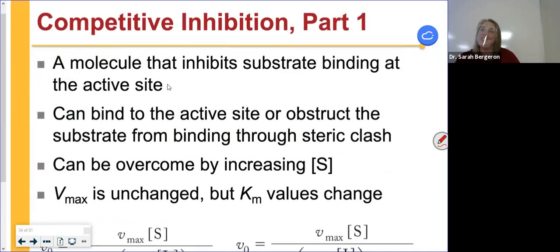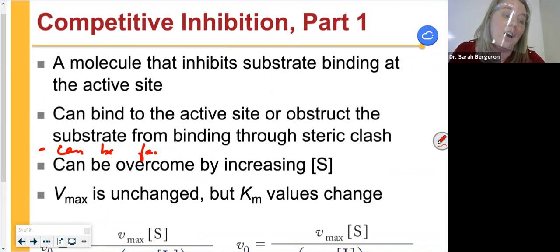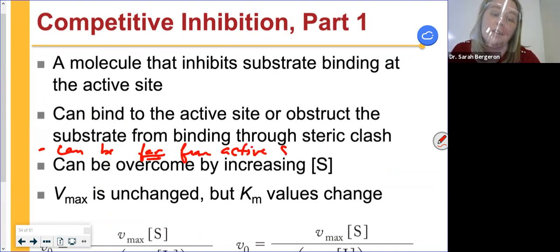All right. So in competitive inhibition, right? Usually our inhibitor is going to bind at the active site. But it can bind so that it obstructs our substrate from binding through a steric clash, right? And it can also be far from the active site, because we said that. But how can we overcome this inhibition?